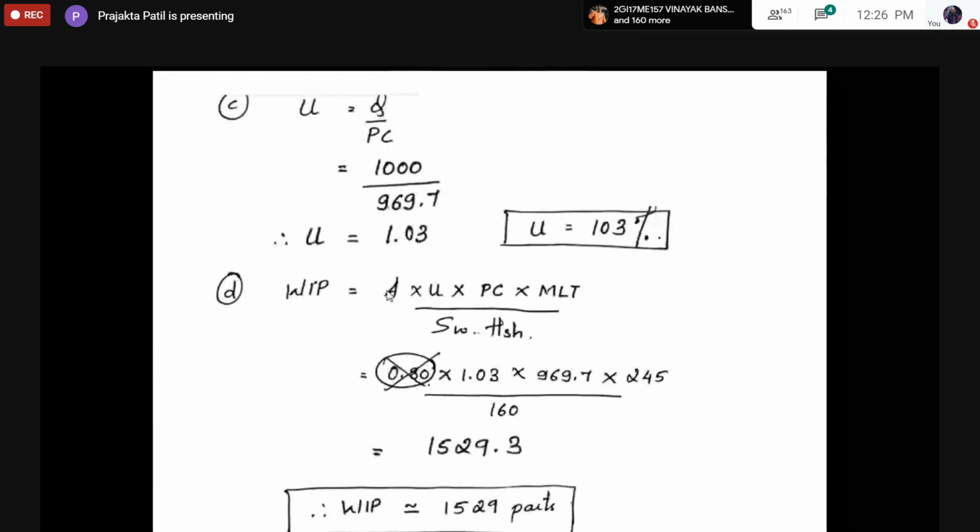The utilization is more here because we have this overtime taken into account. So it is crossing that 100%, and that is acceptable. Okay, we'll proceed.